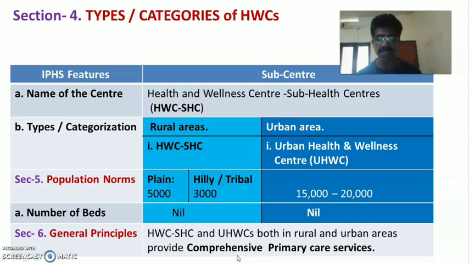If you have not seen it, you have to watch that. That is an important topic under Ayushman Bharat. So both the sub-centers, in urban and rural areas, have to provide comprehensive primary health care with 12 components. Okay, that is the general principles discussed under section 6 of the 2022 IPHS standards for the sub-health center.